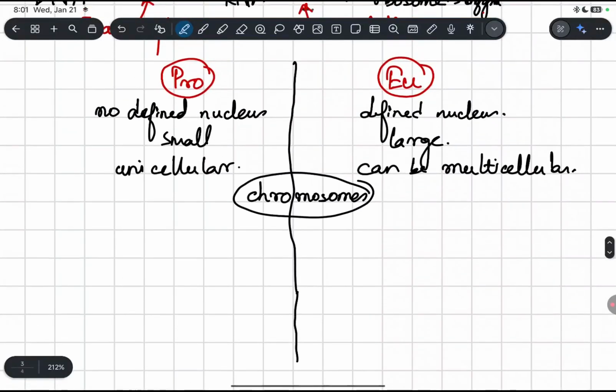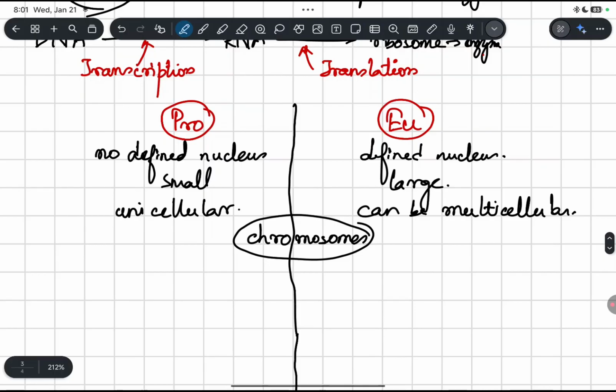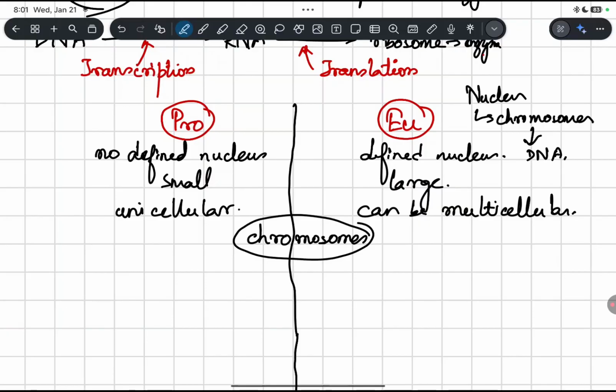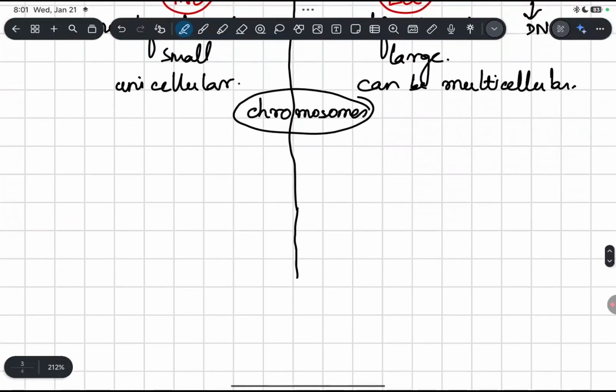We'll discuss it later as well, but just a small glimpse: beforehand I said the genetic materials are present inside the nucleus. Inside the nucleus there are chromosomes, and inside chromosomes there are genetic materials, for example DNA and RNA. We'll go into detail on chromosomes either in today's video or in the next video.